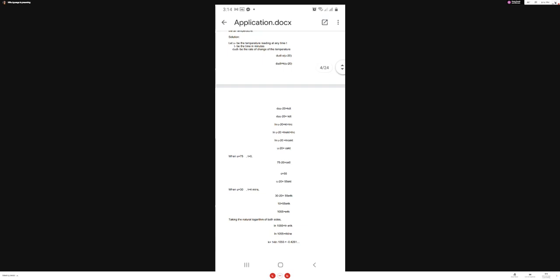To get the value of K, use the second condition: when time is equivalent to 4 minutes, U is equal to 30 degrees Fahrenheit. So, let's substitute the values. We have 30 minus 20 is equal to 55 e raised to 4k, because it's 4 minutes.